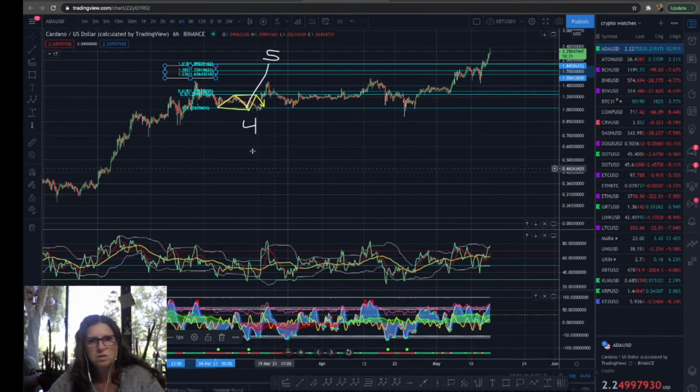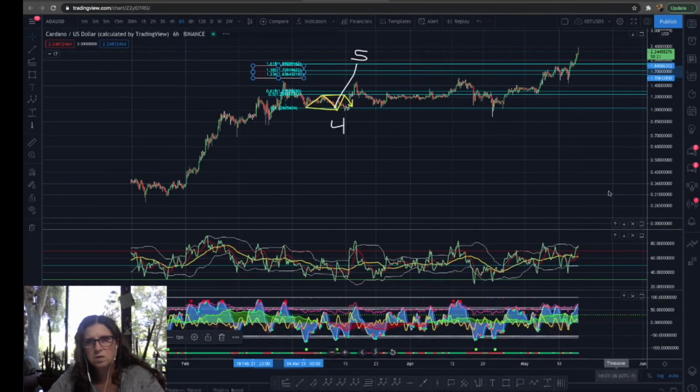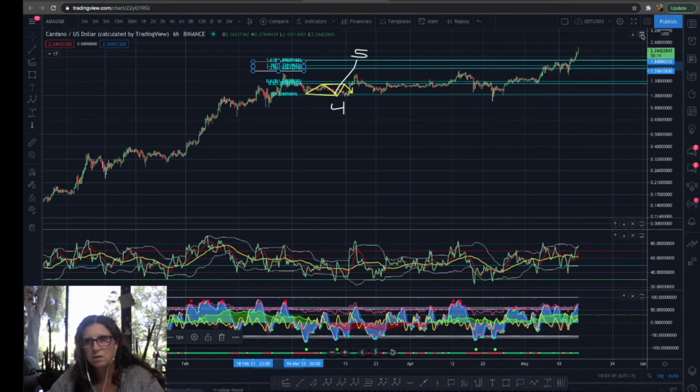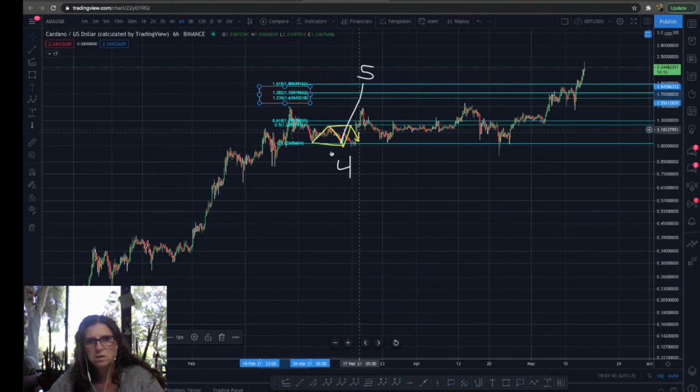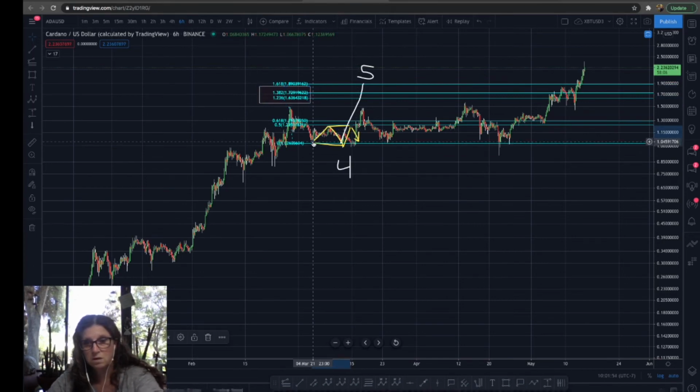Okay, ADA. So this is what I had from before. Looks like my little drawing played out here. This little drawing I have here in the middle played out. It just took longer than my little drawing. So let me get this out of here.